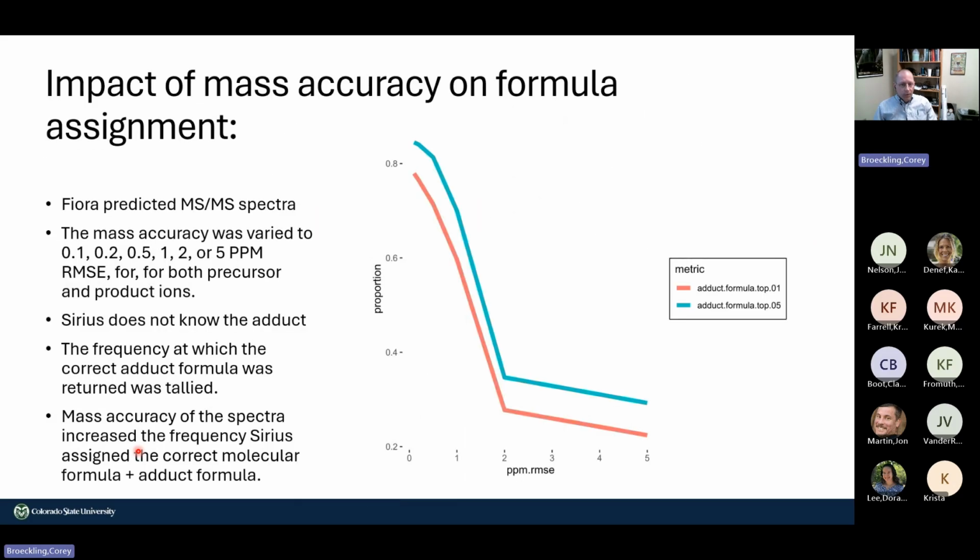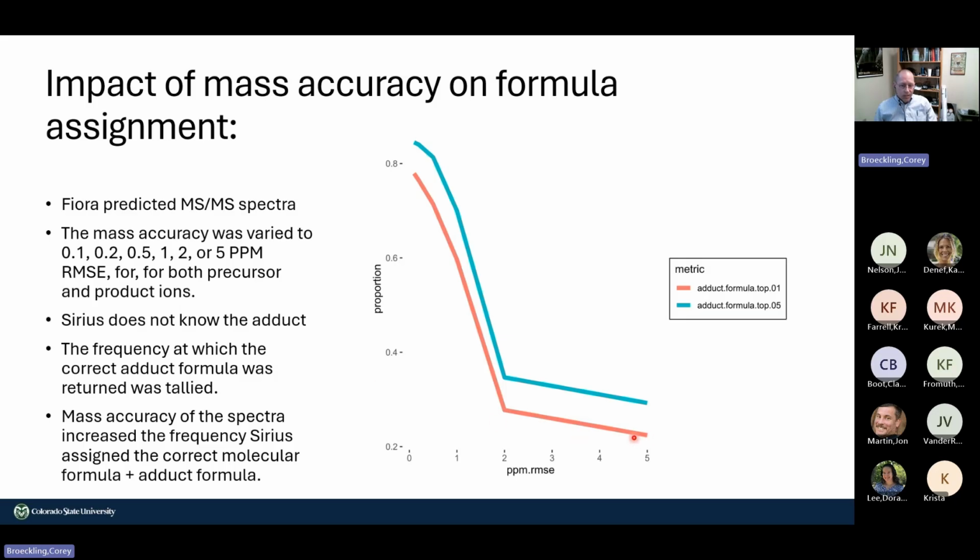That was one example, not a cherry-picked example, but one example nonetheless. So I did a similar study with predicted spectra, looking to see how much we can really use this. Using some of our computational tools, in particular the Sirius program, how often can Sirius get the right answer, given an unknown spectrum, in assigning the correct formula as a function of mass error?